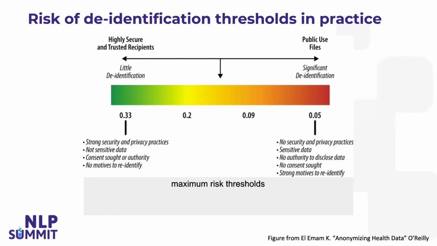Should we tag it? Should we de-identify it? How securely should it be stored? And what procedures should be applied? So when we start working with the data, we first identify maximum risk thresholds. And based on those thresholds, we try to understand the procedures we implement.